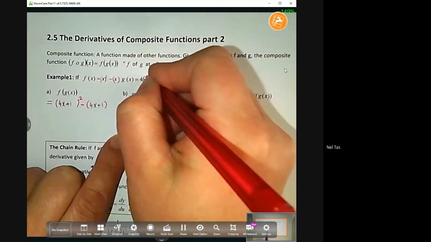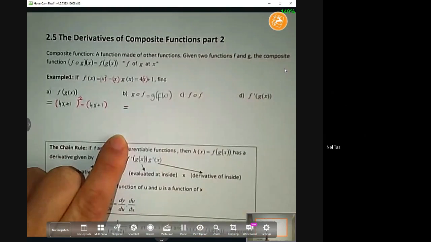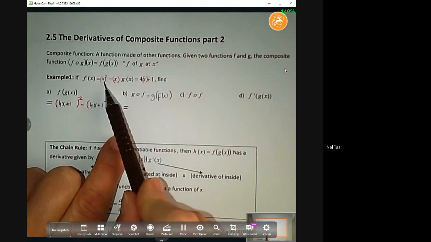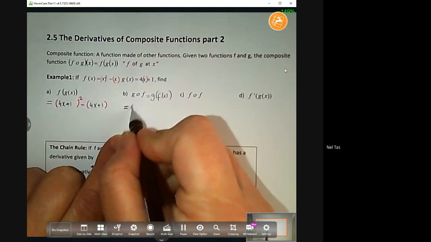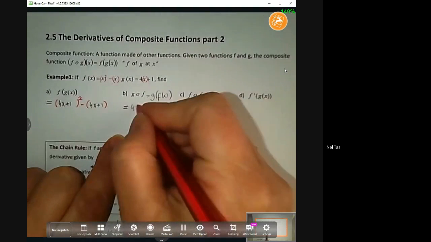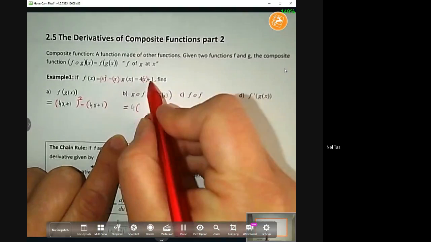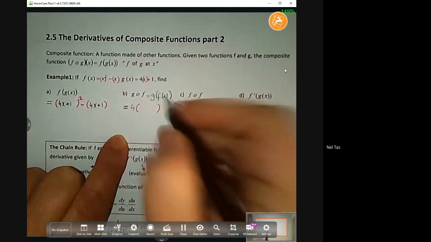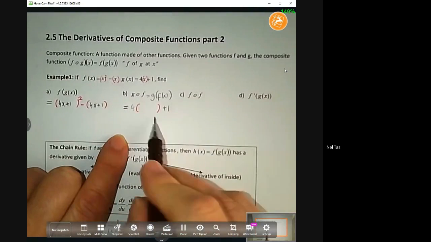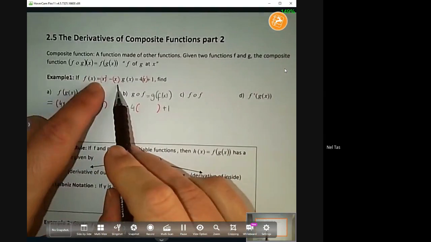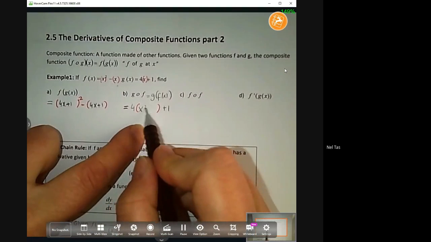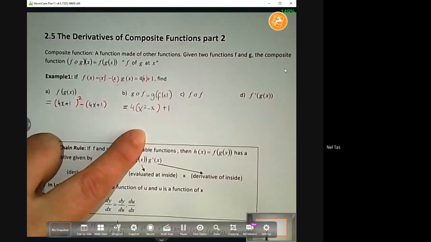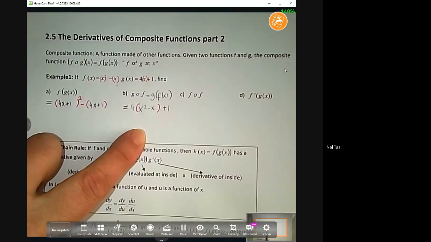Again, I'm going to put a bracket here and replace that x by x squared minus x. So we have 4 times the bracket for the x, plus 1. So that is g of f of x.